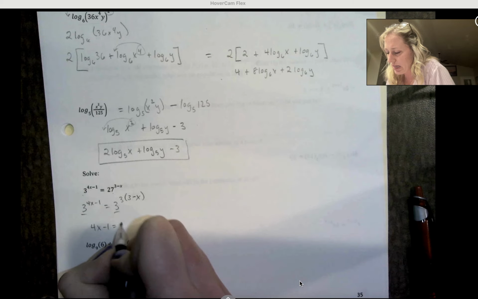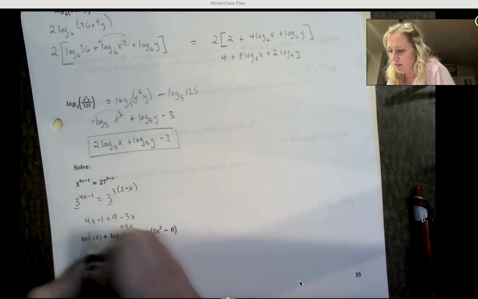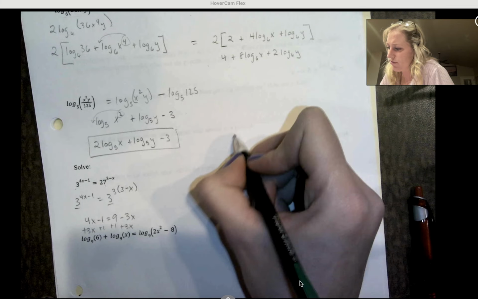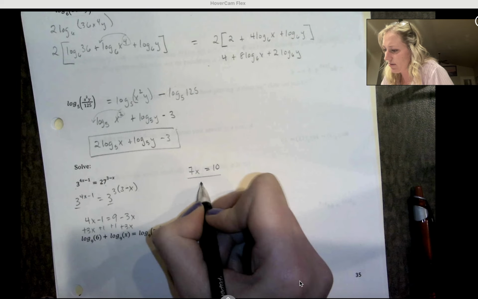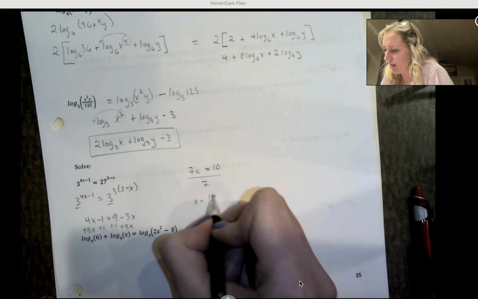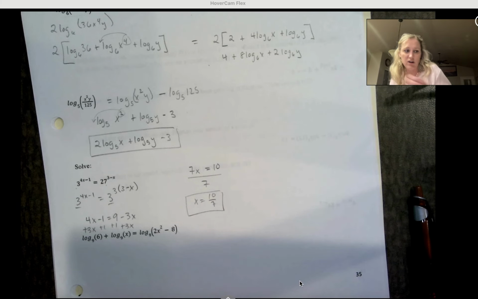Distribute that 3, we get 9 minus 3x. Okay, so I'm going to add 3x and add 1. So we have 7x equals 10. Divide by 7. We get x equals 10/7. And again, I'm not using a calculator, so I would leave my answer as that fraction.